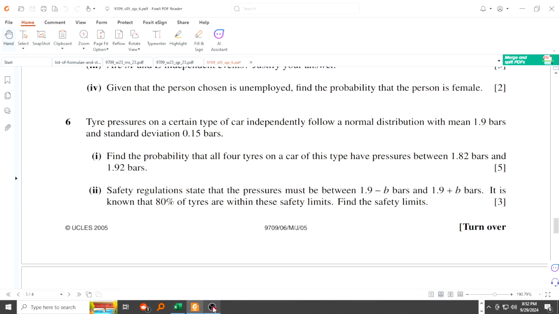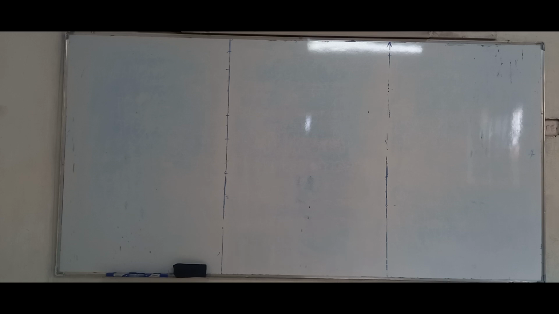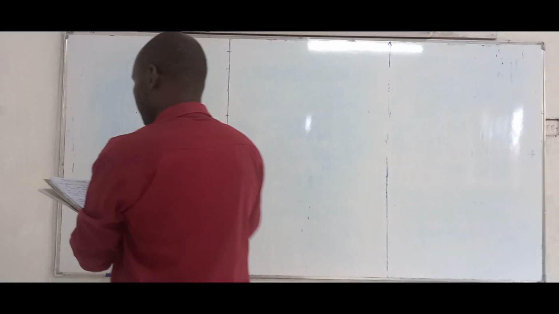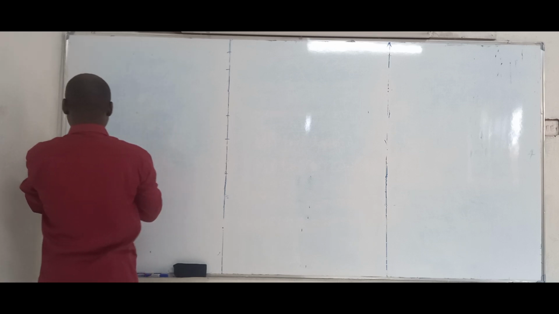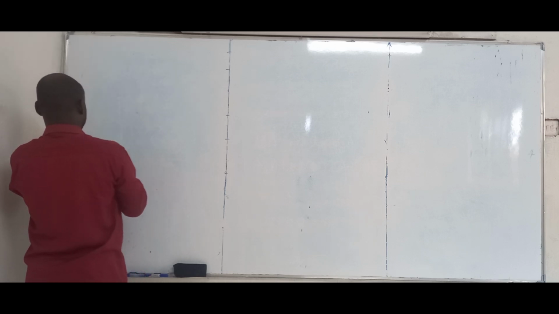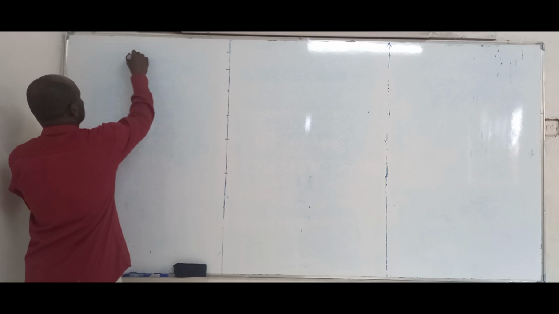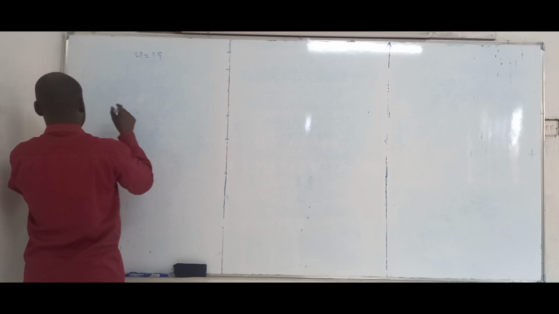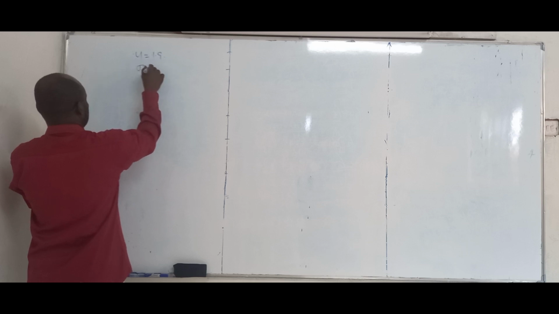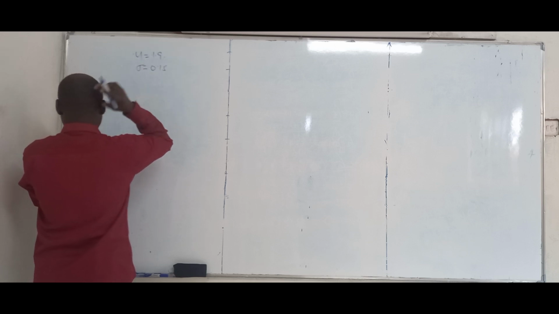Now, this is the question of interest, and we straight away get to the solution. The pressures on a certain type of car independently follow a normal distribution with the mean 1.9 bars and standard deviation 0.15 bars.